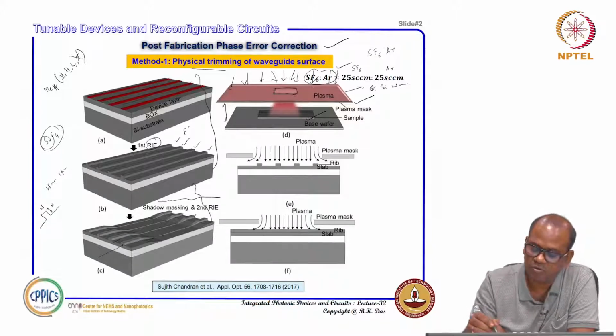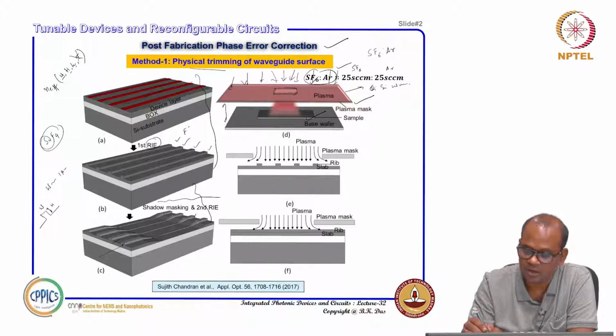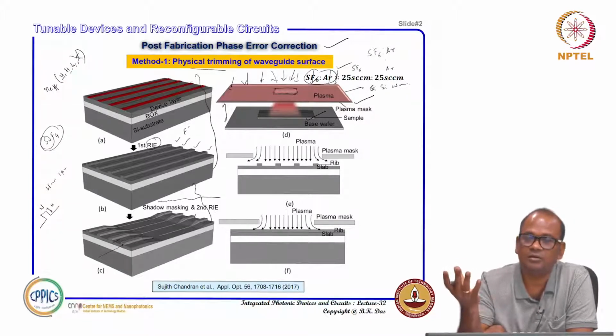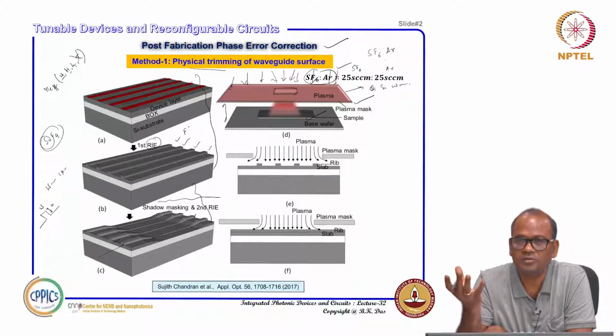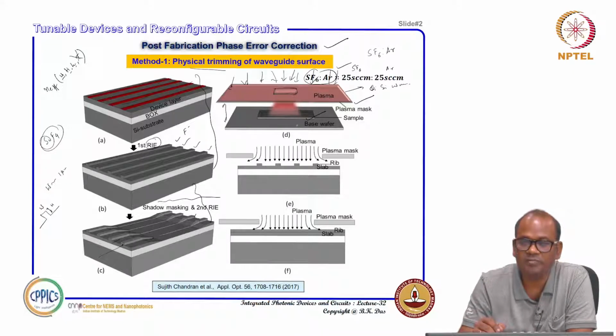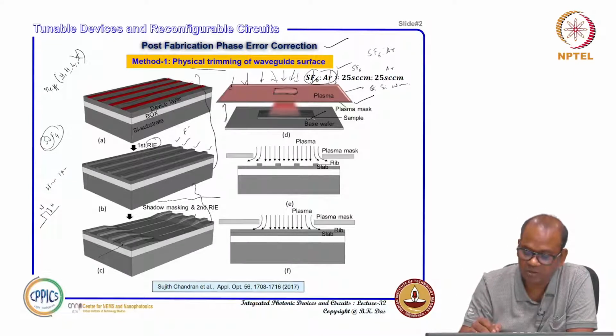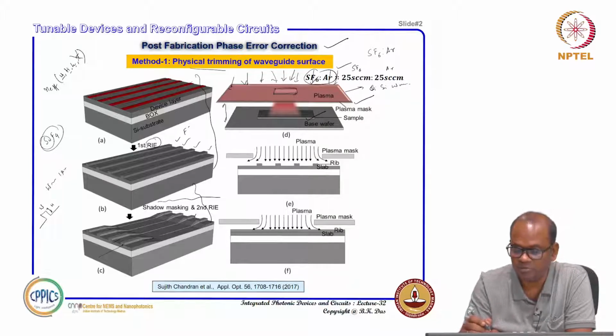We can control the flow of SF6 and argon into the chamber, and then with RF power, plasma is generated because of molecular collisions. Plasma is a combination of free charges: ions, electrons, positive ions and negative ions, and those ions can be attracted by applying a suitable bias between your sample and another electrode.